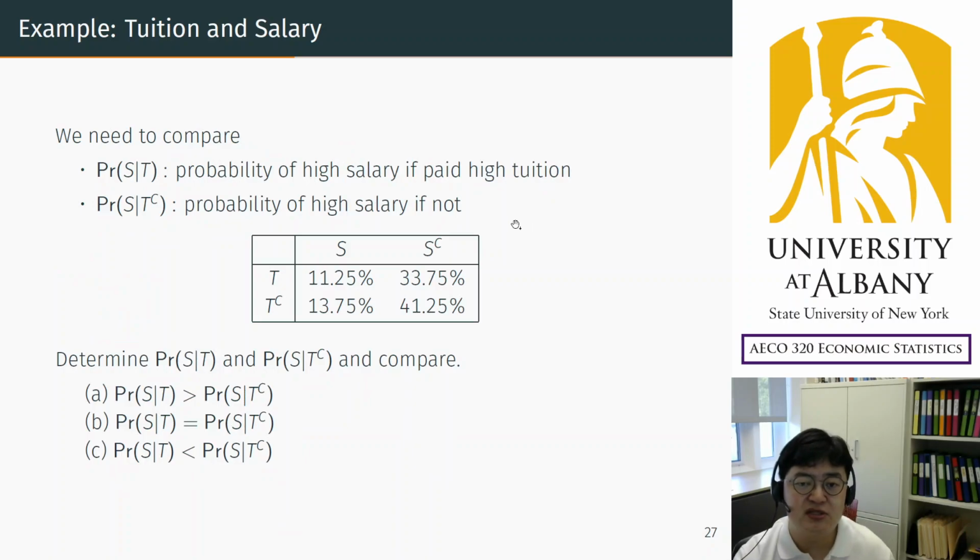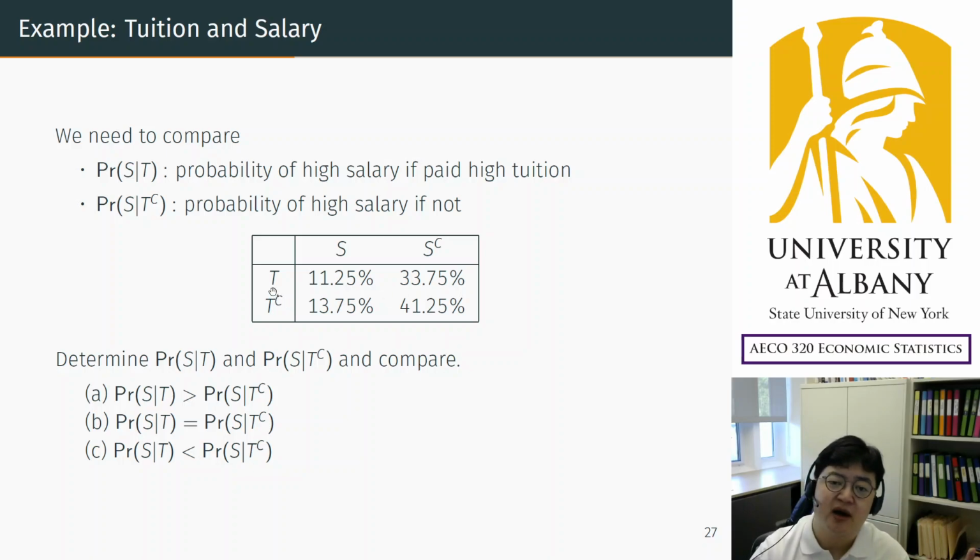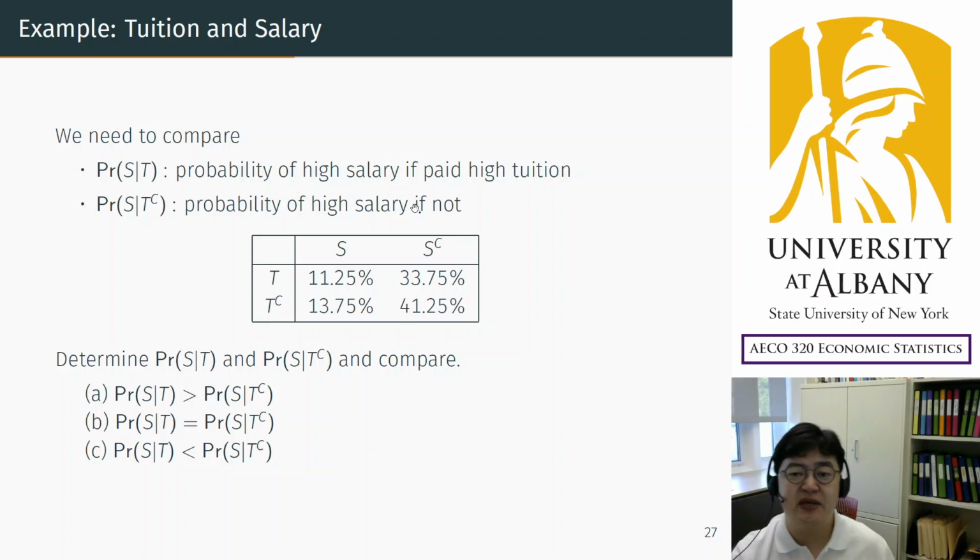And then suppose that this is, of course, fake data. Suppose that you observe from the data that 11.25% of people graduated from high tuition school and earn high salary, but 33.75% graduated from high tuition but have low salary, like that. There are 4 types of people with this probability distribution.